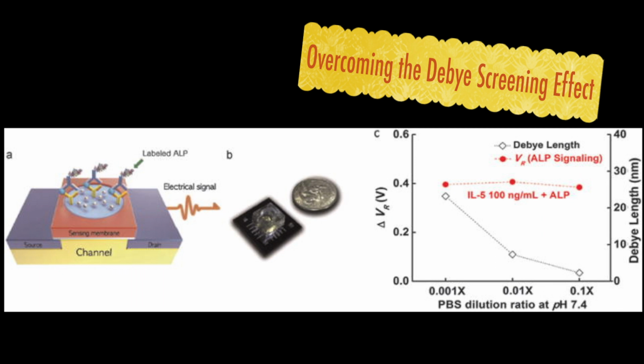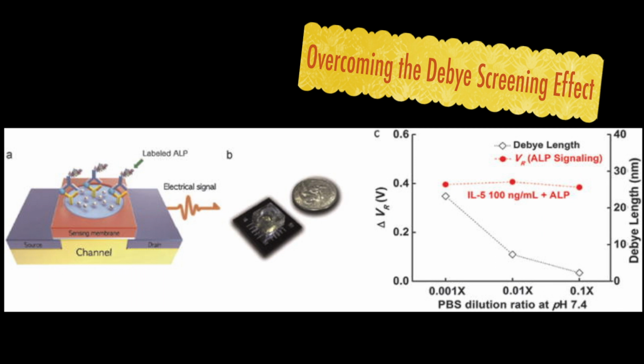So these researchers made these novel electrical immunosensors by combining the ELISA with ALP labels and an ISFET platform. They proposed this to overcome the Debye screening effect. They verified the system through the detection of IL5.